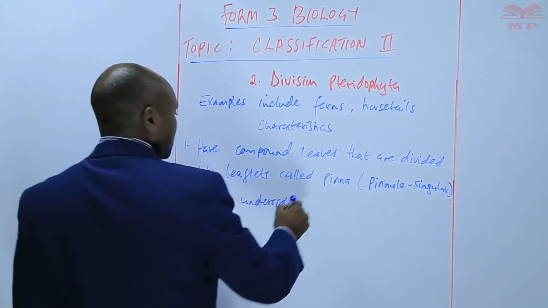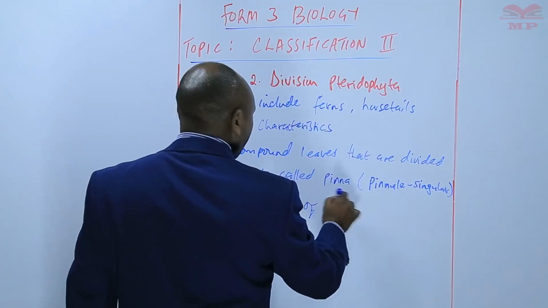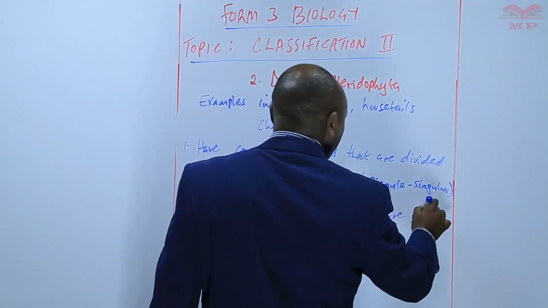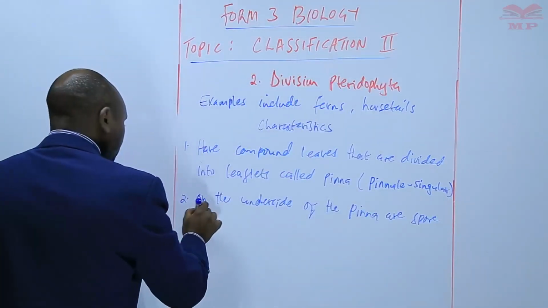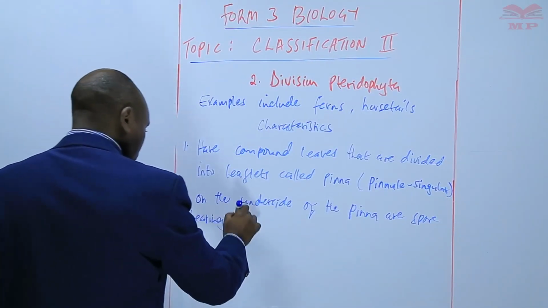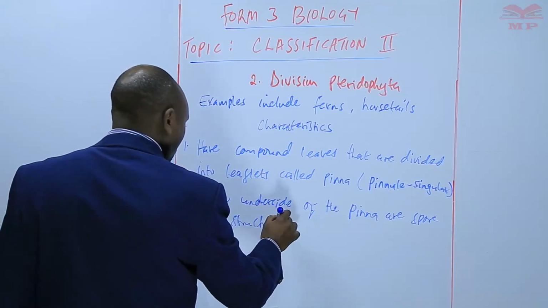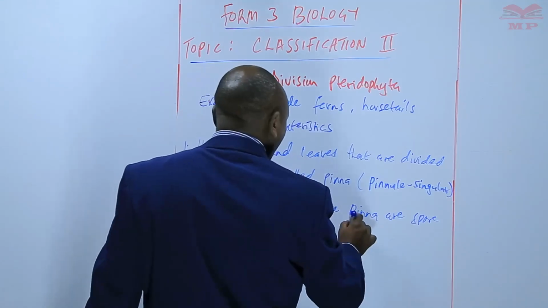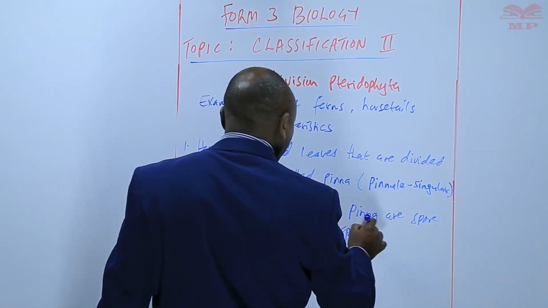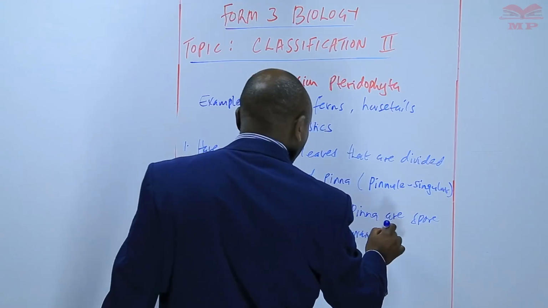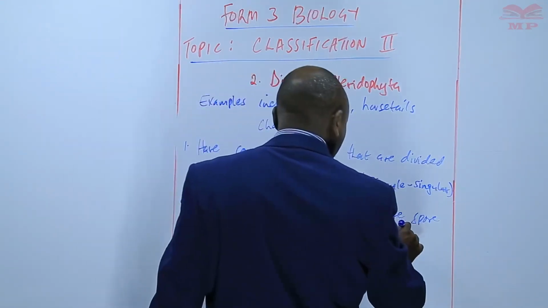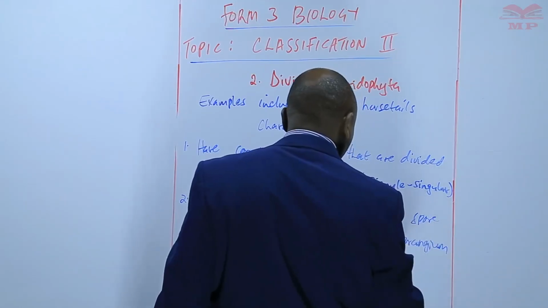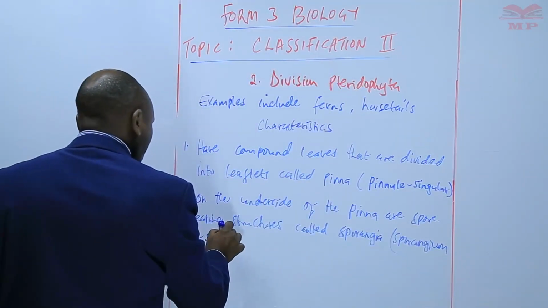So you can say that on the underside, on the lower side of the pinna, are spore-bearing structures called sporangia. Sporangium is singular.